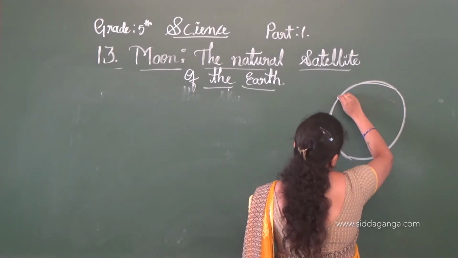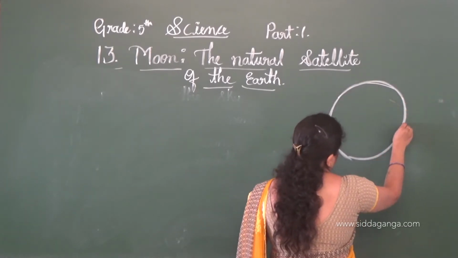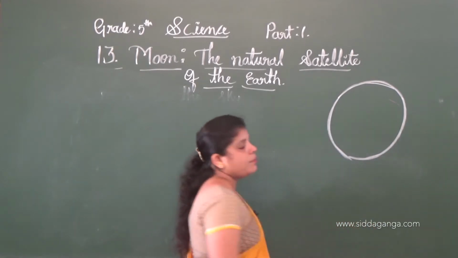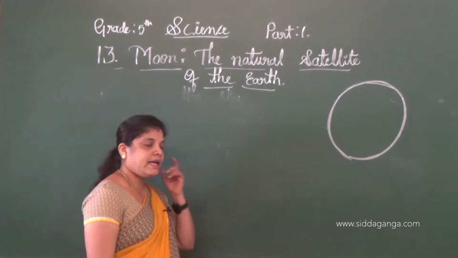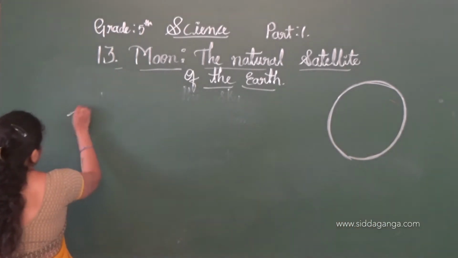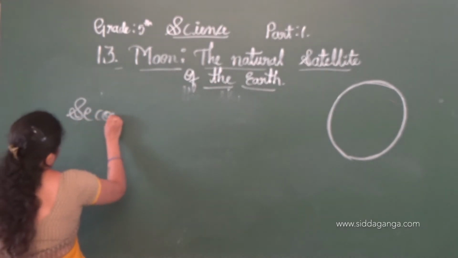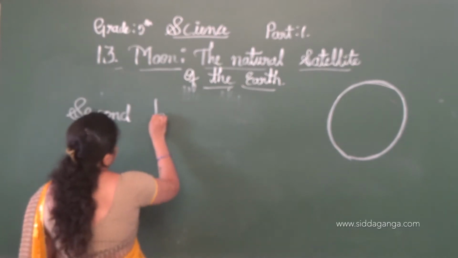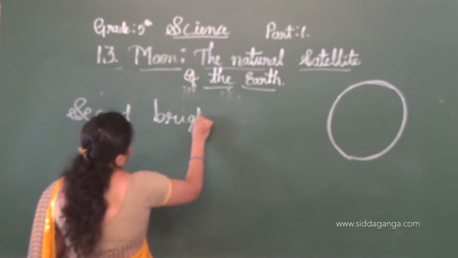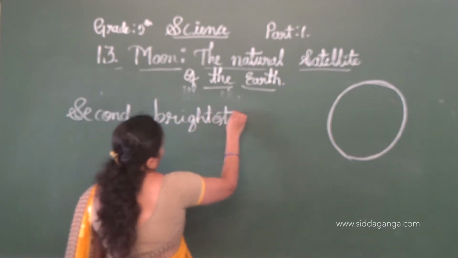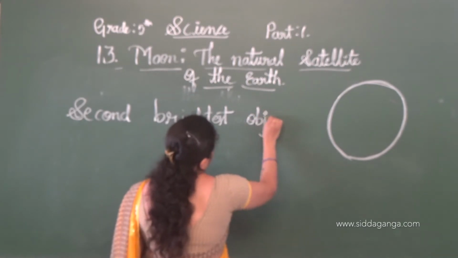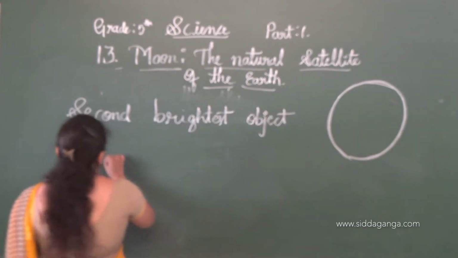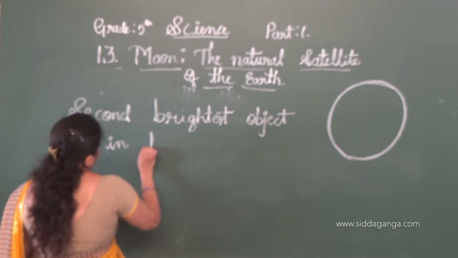So this one is what? Moon. Moon is one of the brightest objects. It's the second brightest, not first. The first one is the sun. The moon is the second brightest object in the sky.